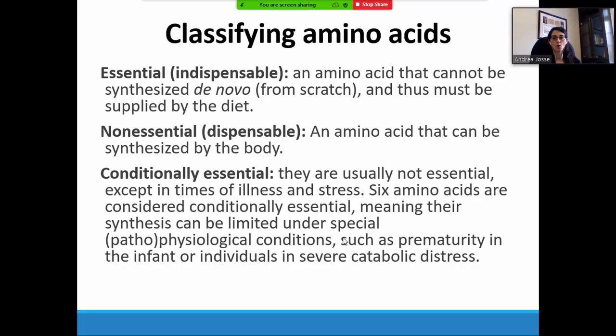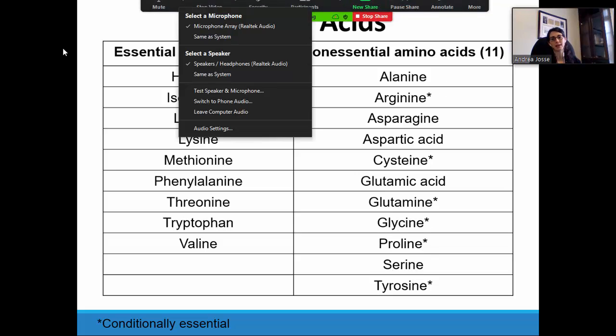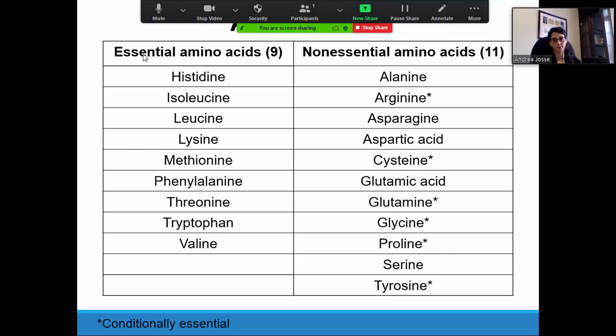Okay, so this is not necessarily during normal circumstances, except maybe when metabolism is much higher, which also occurs during illness, by the way. Okay, so going back to this figure, these are the non-essentials. The stars are the conditionally essential ones, which under certain circumstances can become essential. Okay?